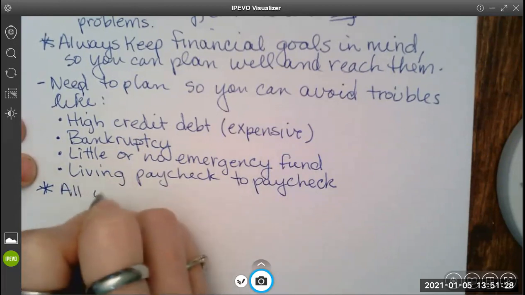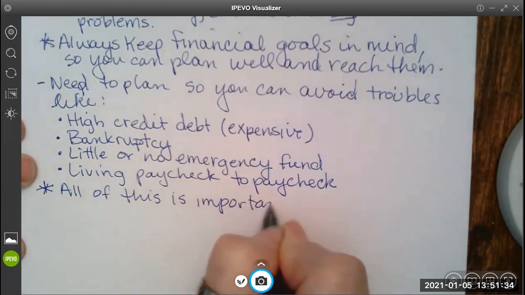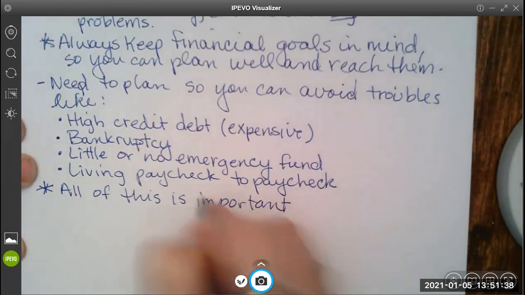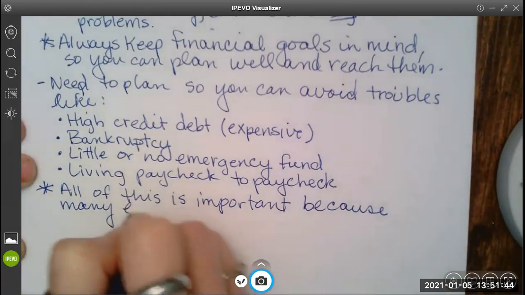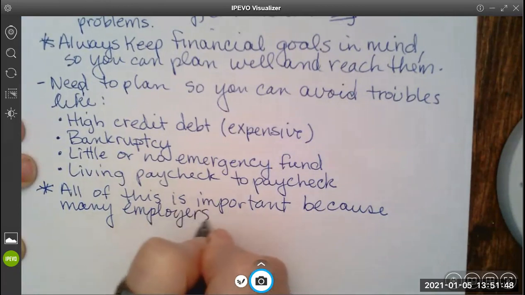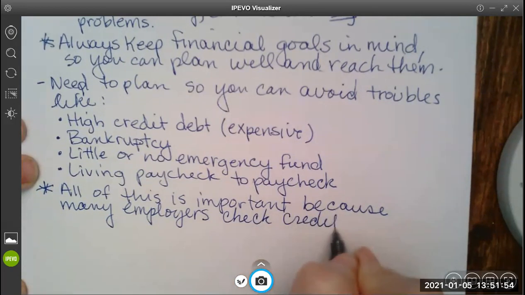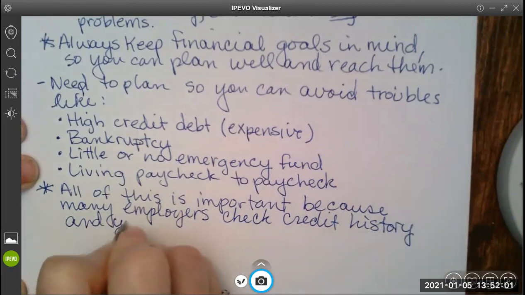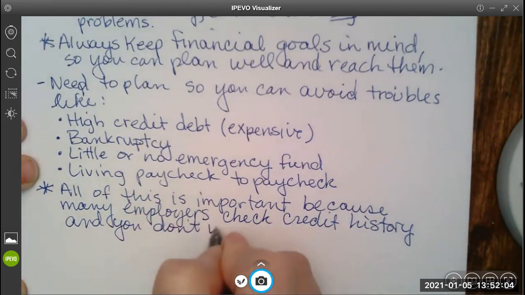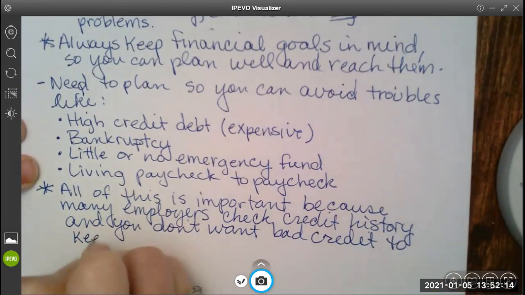All of this is important because many employers check credit history and you don't want bad credit to keep you from getting the job.